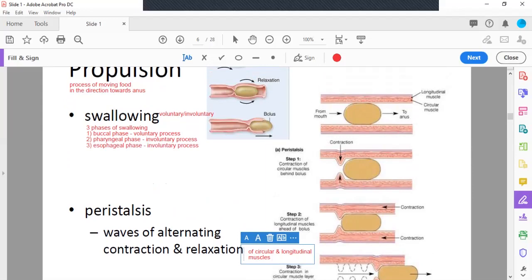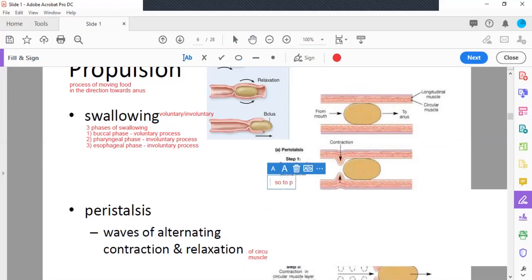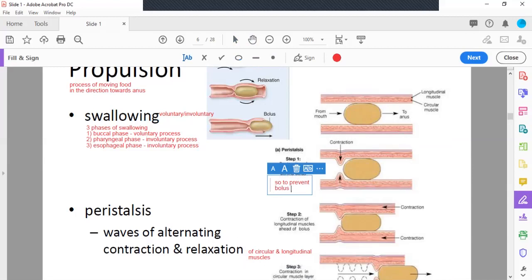So let's begin with the processes involved in the right lower image. In step one, there is contraction of the circular muscle behind the bolus. Why should you contract the circular muscle behind the bolus? To prevent the bolus from moving backward.